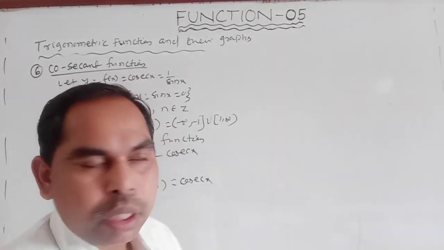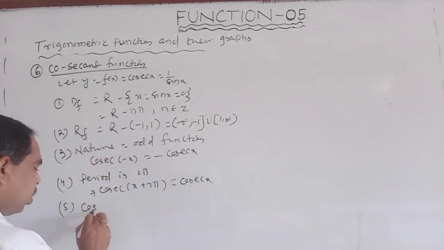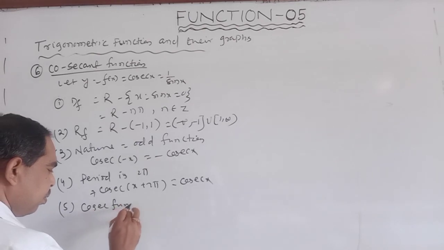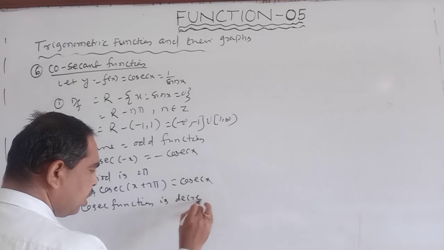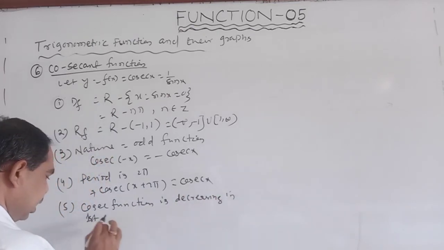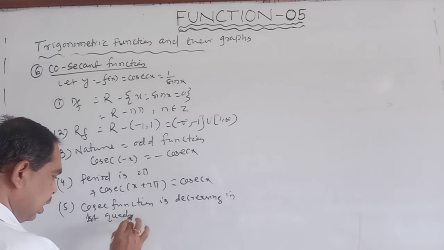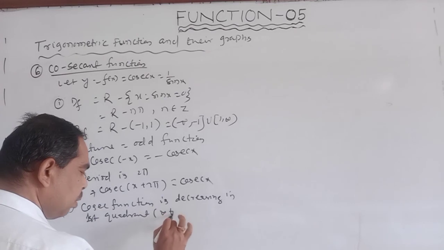The cosec function is decreasing in the first quadrant, that is infinity to 1.